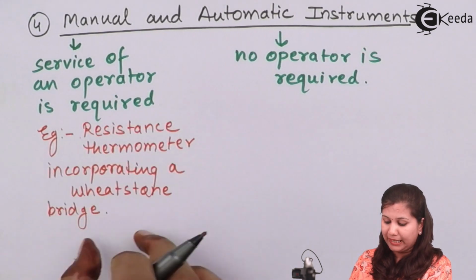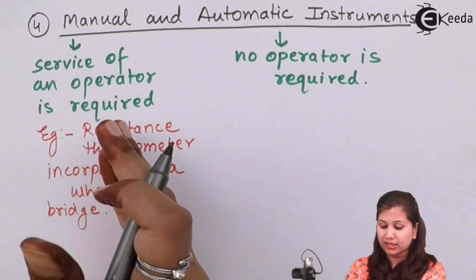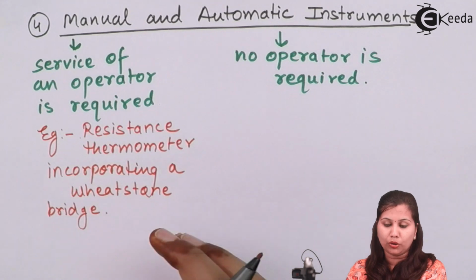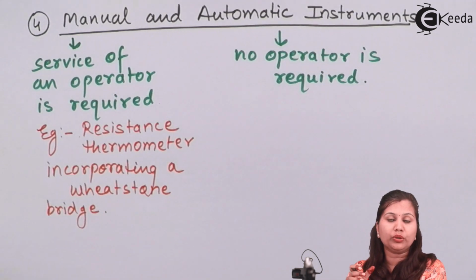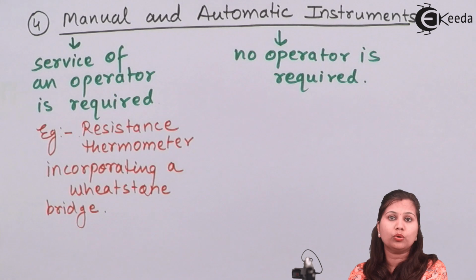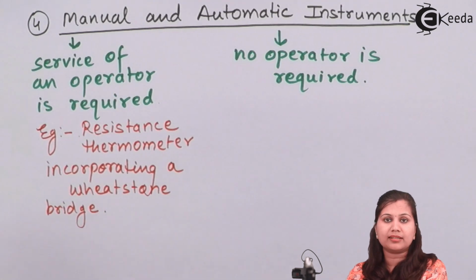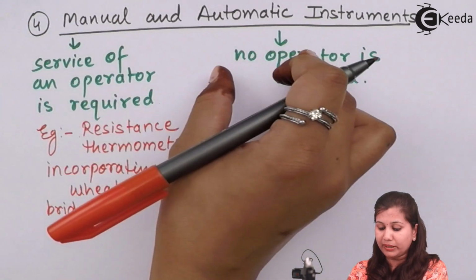In this mechanism, we are measuring the resistance by using the temperature. For the resistance thermometer, we need an observer to keep a record of the temperature readings. That observer is going to make a table for the temperature measurement, and then the resistance will be measured.